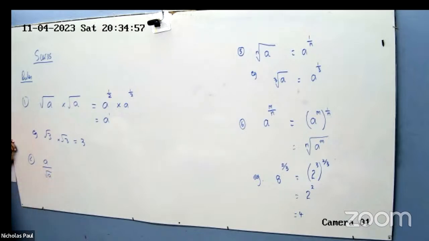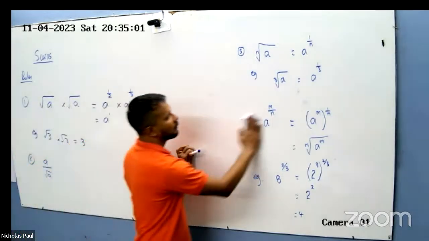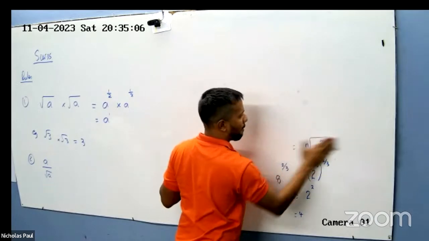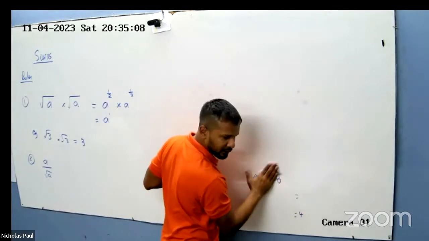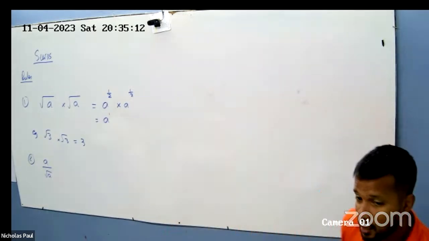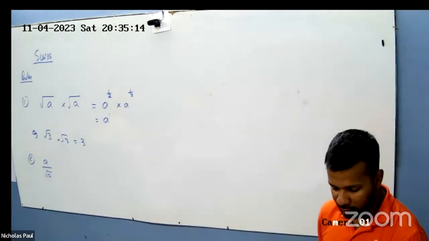What about a divided by the square root of a? What would that be? What would be a over the square root of a?